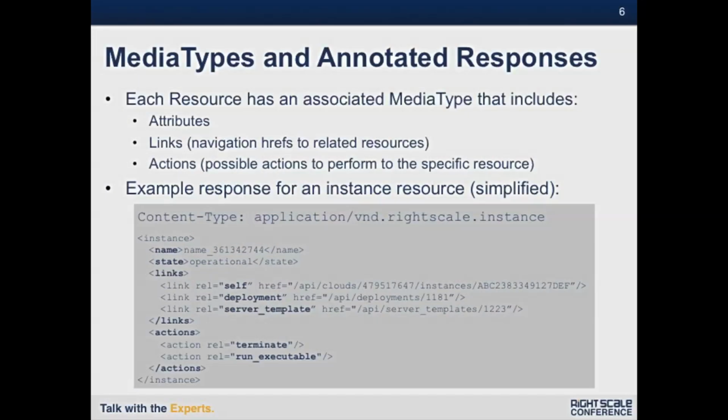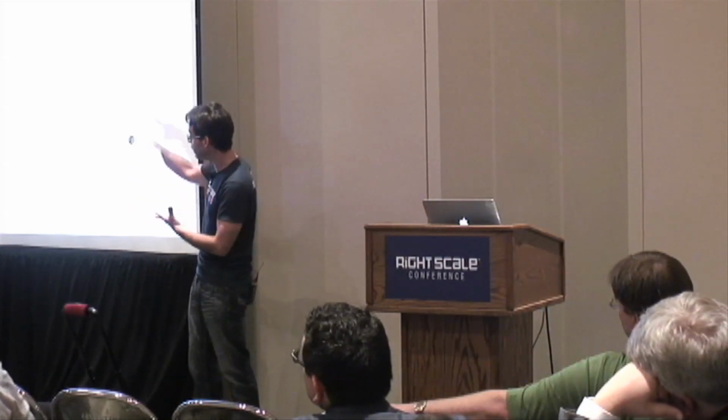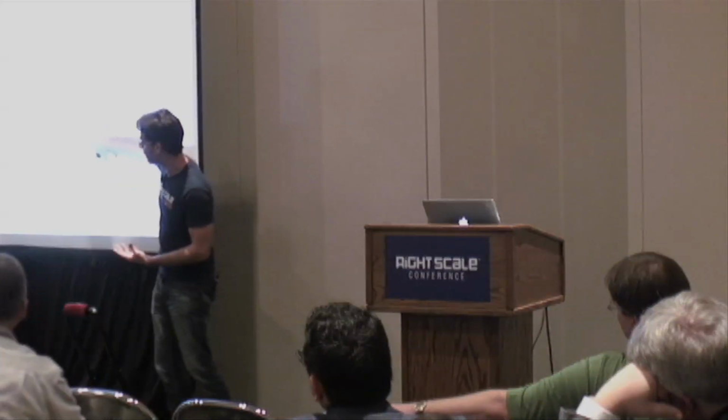If you get instances back, you will get a certain amount of attributes, in this case name and state, a certain amount of links that are relationships to other resources related to this instance, and a certain amount of actions that you can do right now. Because of that, if you understand this format, you can have a client that reads results from the API and knows what else you could do. You could have some logic. So we annotate this state with things like relationships and on-the-spot actions.